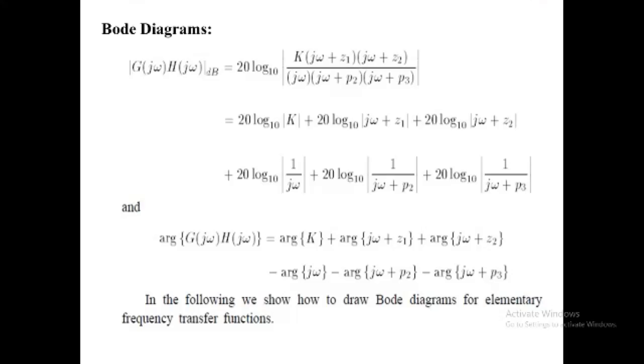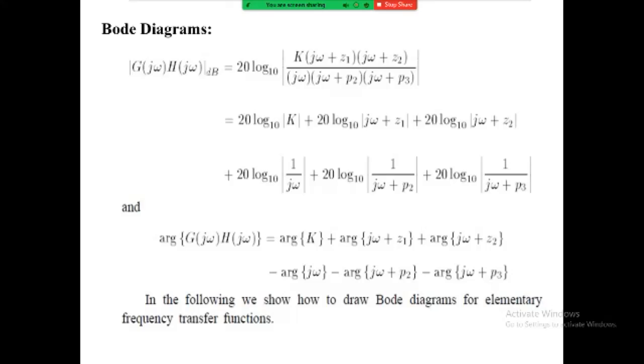So it is equal to 20 log of the modulus of K, plus 20 log of (jω + z1), plus 20 log of (jω + z2), plus 20 log of 1/(jω), plus 20 log of 1/(jω + p2), plus 20 log of 1/(jω + p3).